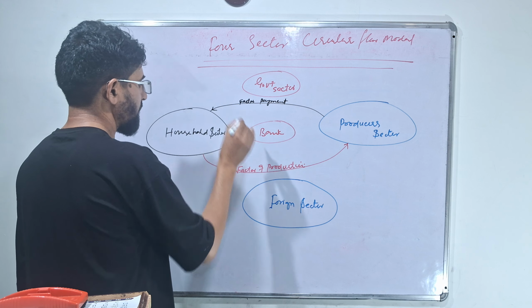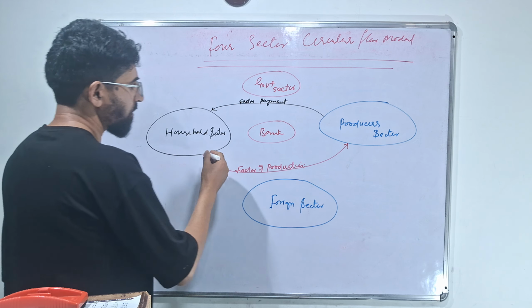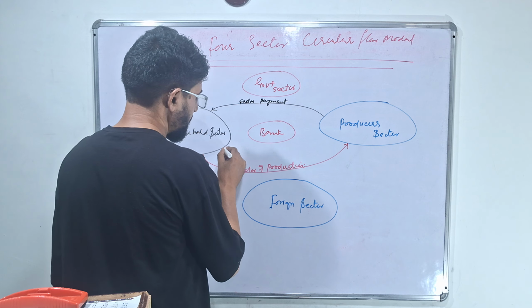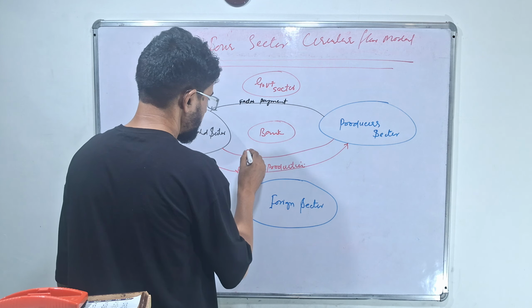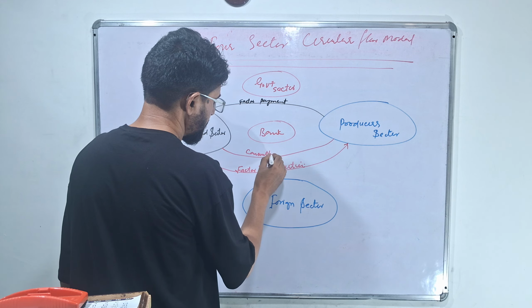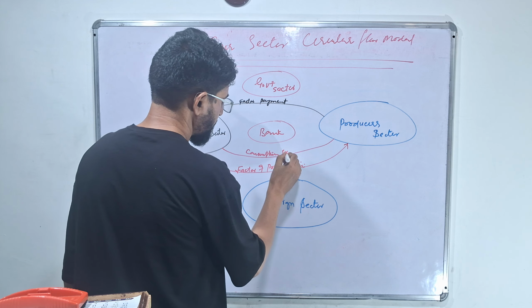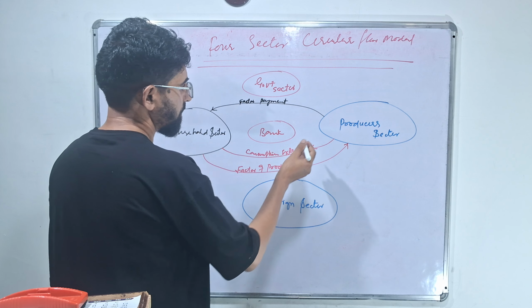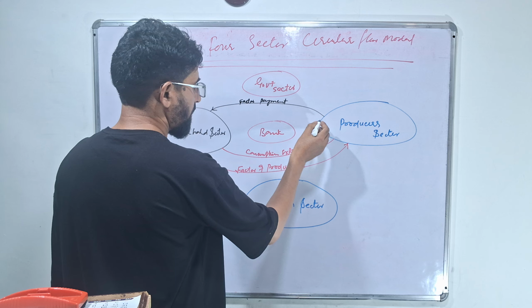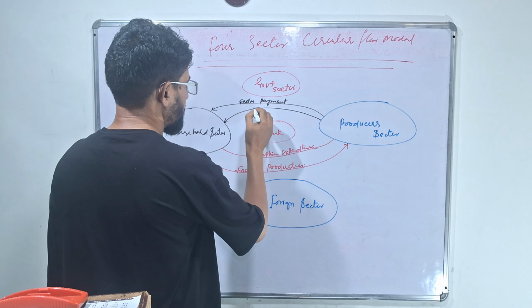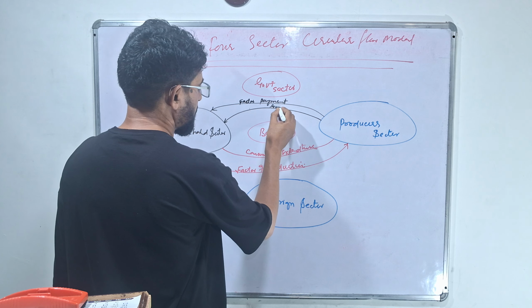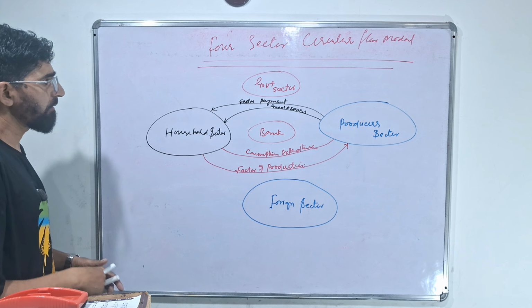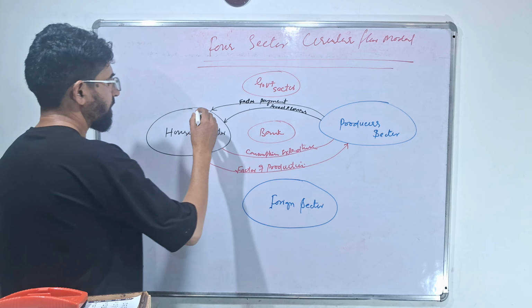to the household sector. Similarly, the household sector makes consumption expenditure on goods and services, and the producer sector provides goods and services.